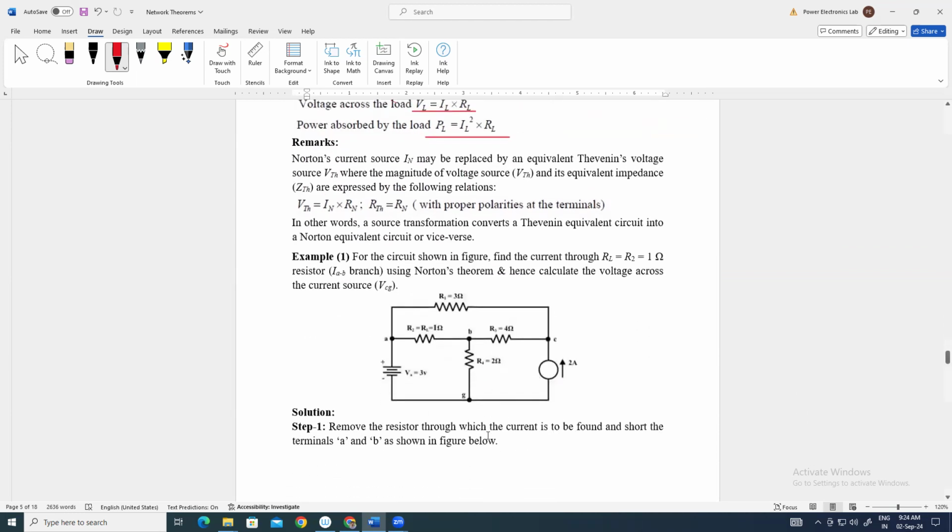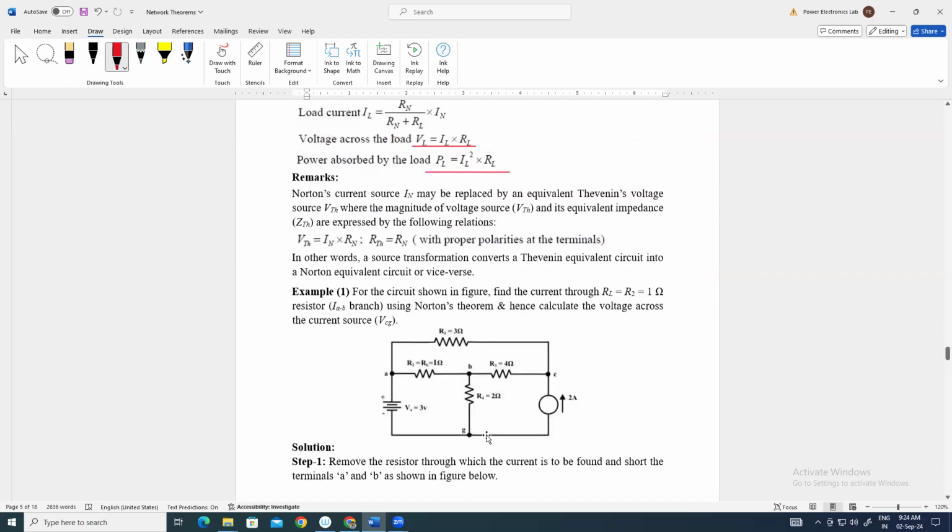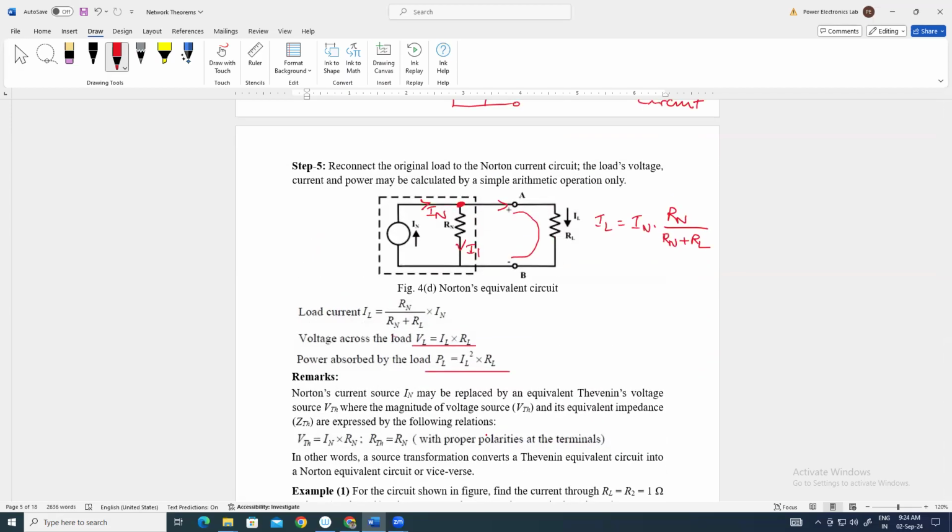If you compare Thevenin's and Norton's theorems, IN is nothing but VTH upon RTH, meaning the Norton current or short circuit current is VTH upon RTH, and RTH is equal to RN, meaning the Thevenin resistance is equal to the Norton resistance.